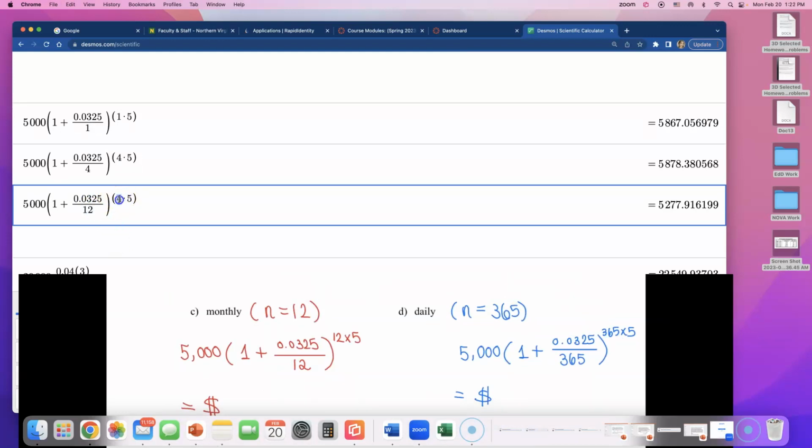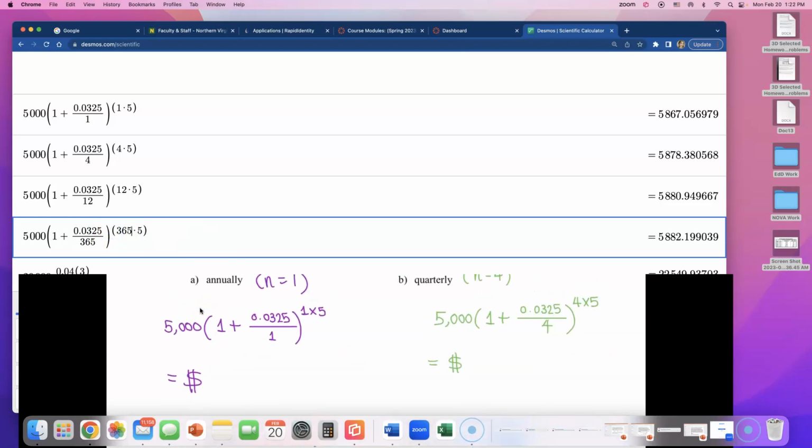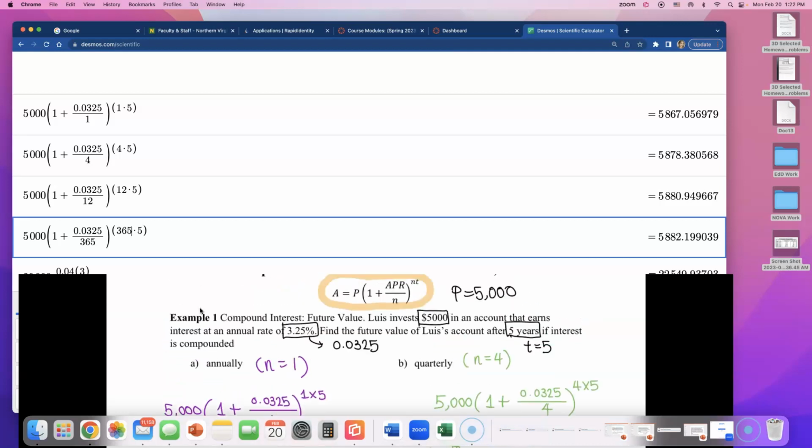So I changed that number to 12. And the last one was daily, so I changed that number to 365. So let me write all these answers down, okay? And you guys, it's very important that you test out your scientific calculator before the test day, because even if you know how to set these up, if you don't know how to type these into your calculator, you will be in trouble, okay?